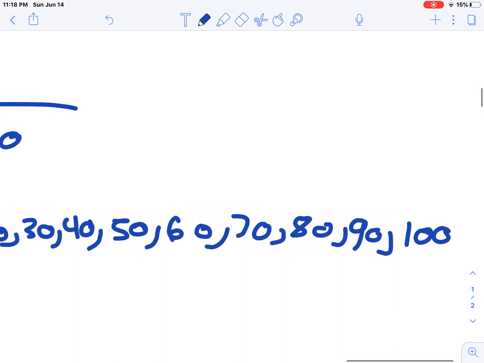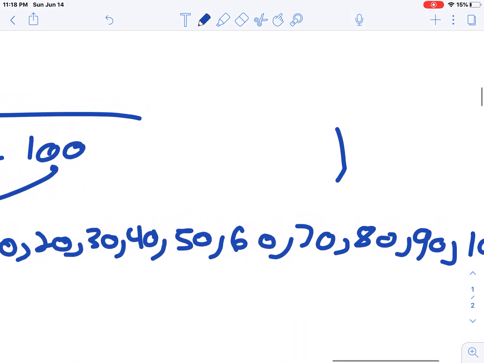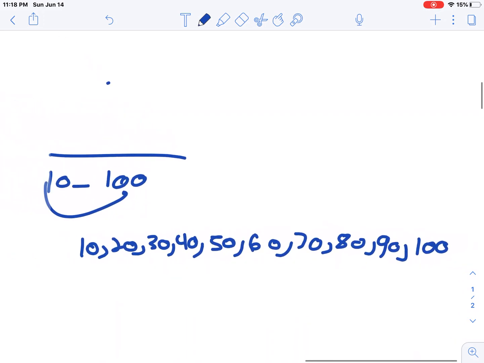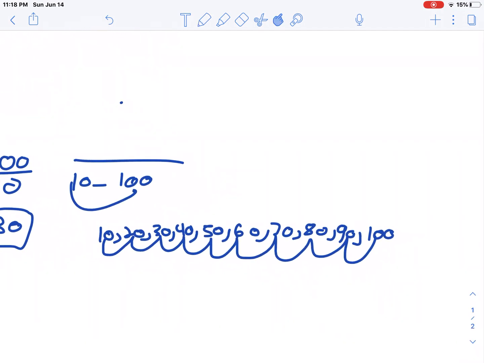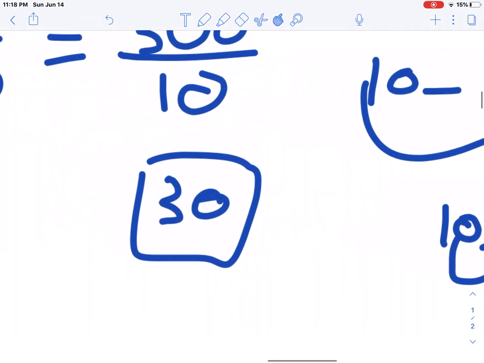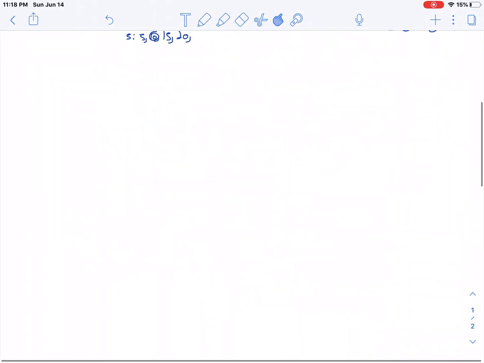Okay, so now as you see, if you look, 1, 2, 3, 4, 5, 6, 8, 9, 10. So that's 10 right there. So then if you multiply that by 3, you get 30. So that's how I got it.